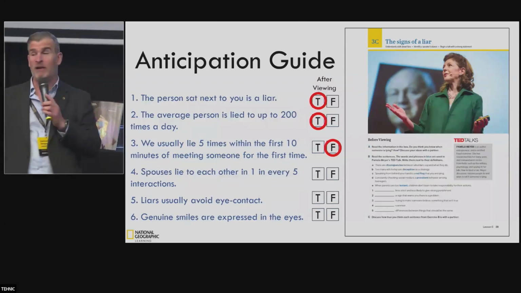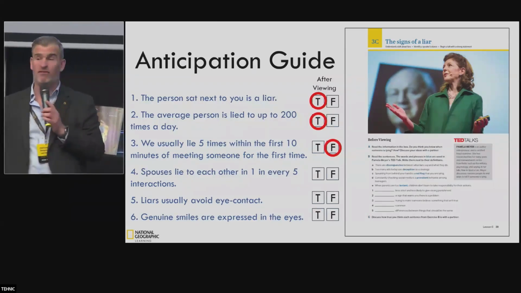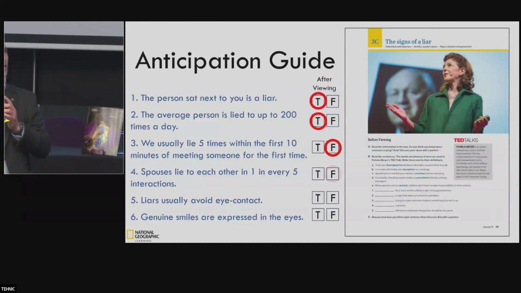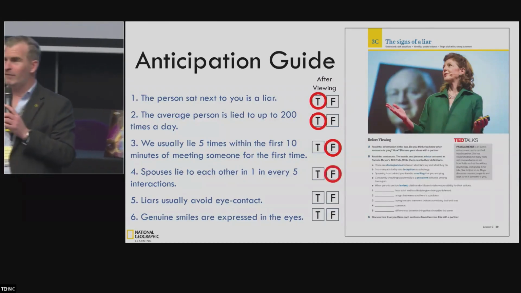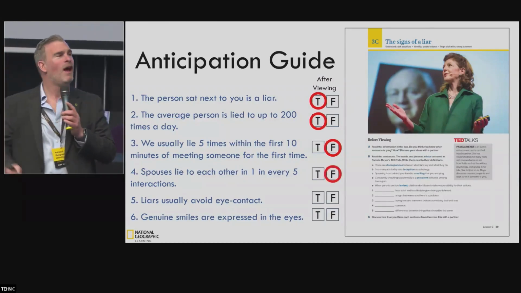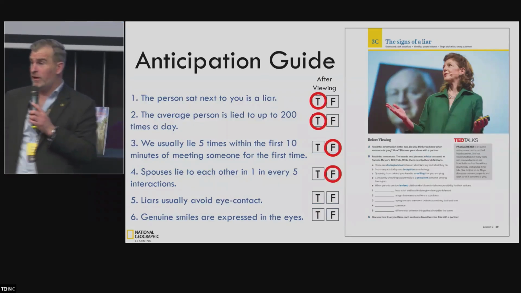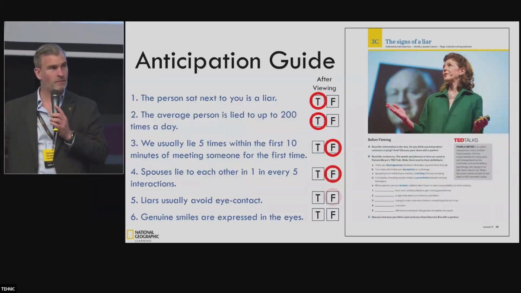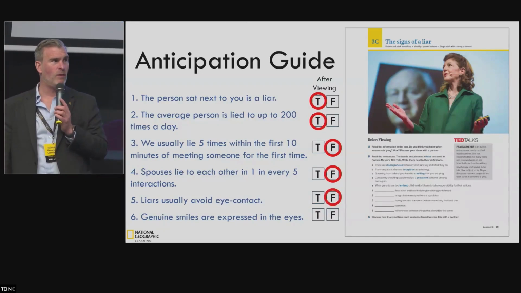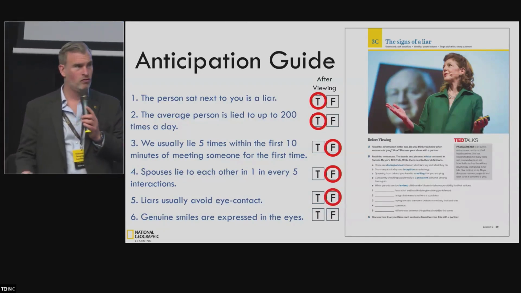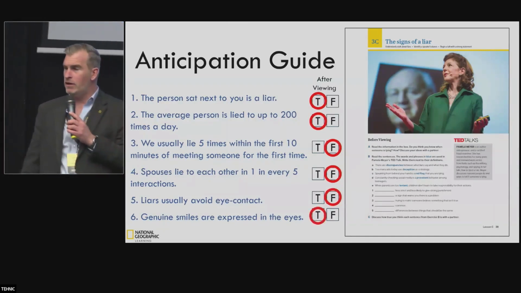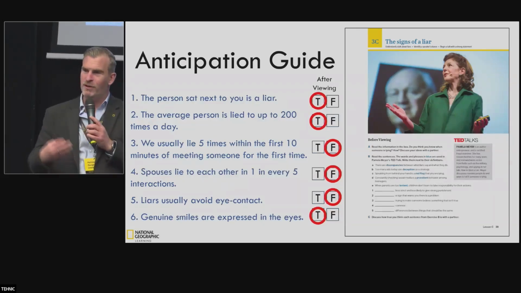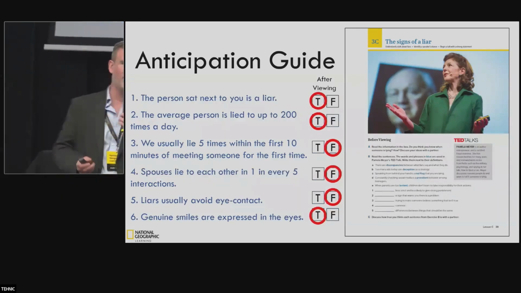Number 4, spouses lie to each other 1 in 5 interactions. Okay, that's better. Few. Liars usually avoid eye contact. This is false. And therefore, number 6 has to be true. Okay, so you're good. You're on the road to being good lie spotters and truth seekers.